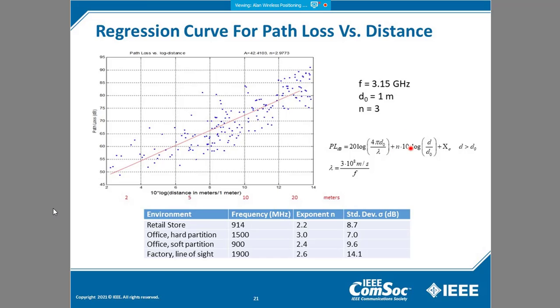Okay, so this will be 20 log in free space. So if you see differences, that is because there are differences in the reflections and the effect of the reflections on the relationship between the path loss and the distance between transmitter and receiver.